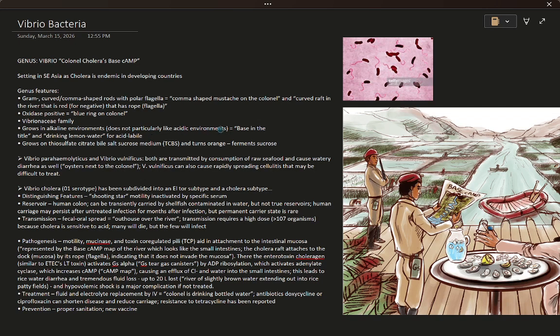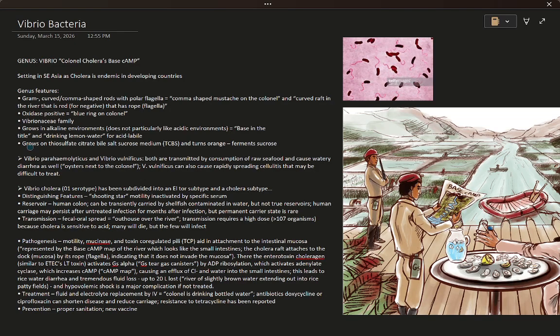So to remember this, think about the base and the title over here, and then the drinking lemon water right over here to show the acid lability of this bacteria, because once again they prefer to be in alkaline environments and do not like the acidic environments.